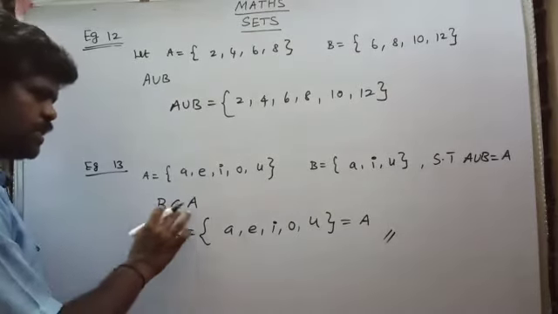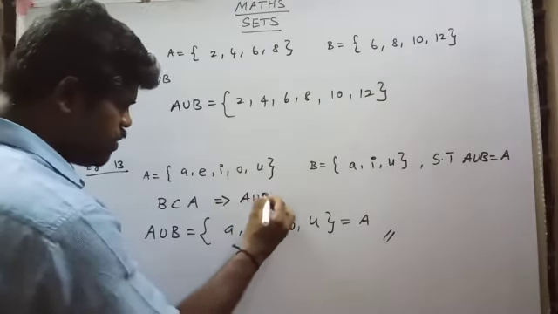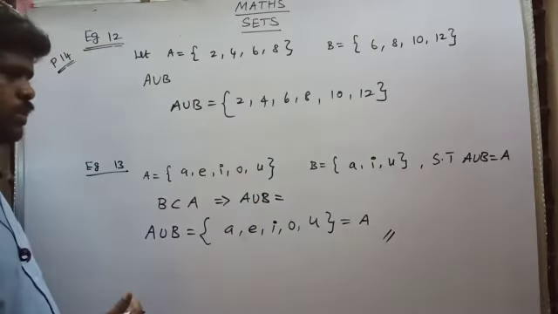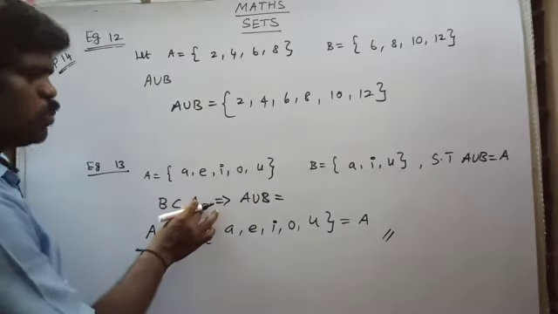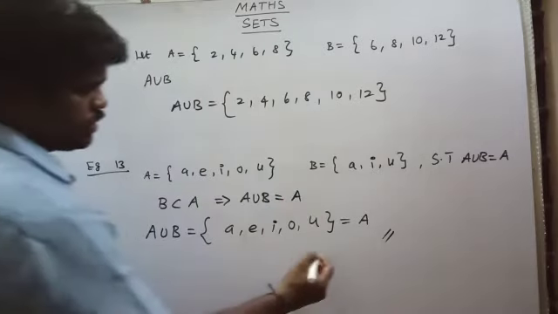Because B is a subset of A, the answer of A union B is the superset A. Refer the sum.